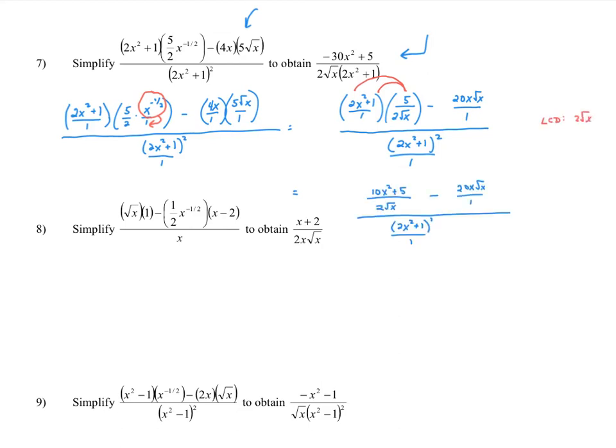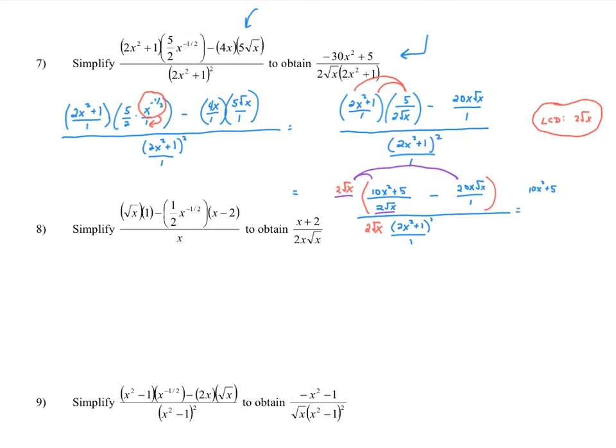When simplifying a complex fraction, we can multiply the numerator and the denominator by the least common denominator, which is 2 root x. So in this case, we're going to multiply the entire numerator by 2 root x, and we're going to multiply the entire denominator by 2 root x. When we distribute, there should be a lot of cancellation. So in the first fraction, 2 root x and 2 root x here should cancel.